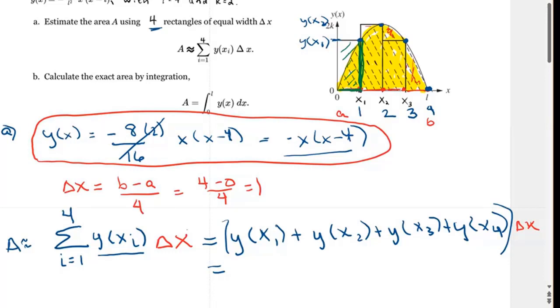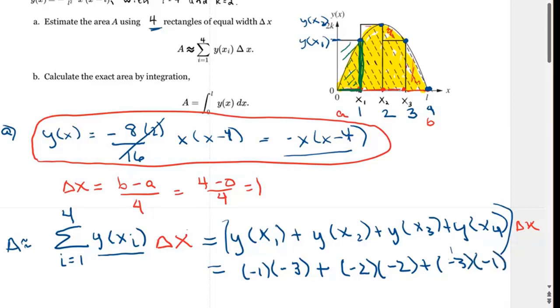So I would have -1 times -3, plus, and then x2 is -2 times -2, plus -3 times -1. x4, that's 4, so I would have -4 times 0. So obviously, that's why there's no fourth box.